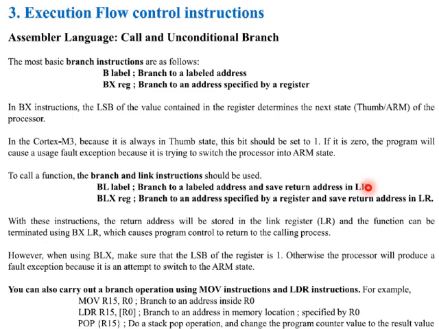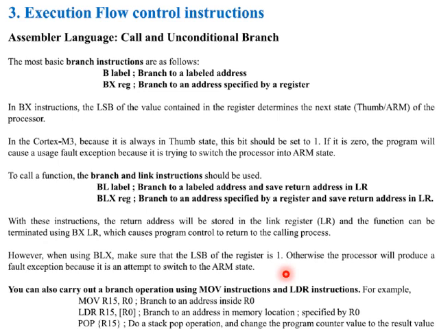This is how it is executed. Then BLX register, branch to an address specified by the register and save the return address in the link register. We shall see a few examples so that it will be much clearer.